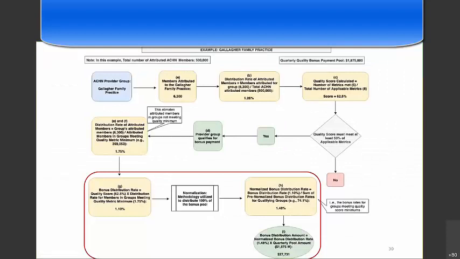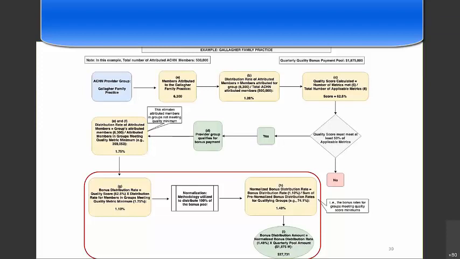The process flow will end with the third part of our process, which is the actual calculation of the bonus payment and distribution of the bonus payment. The bottom left step in our illustration, step G, we calculate an initial bonus distribution rate.